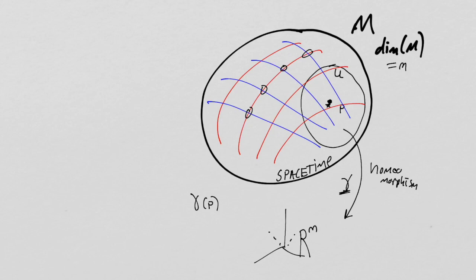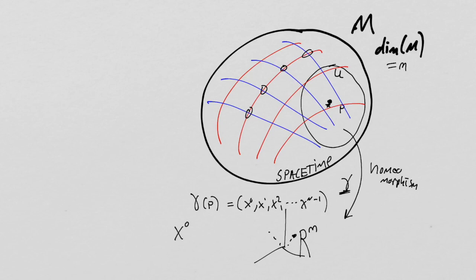Now, you could write this as gamma of the point P, and that is a point in Rn. So gamma of point P, being a point in Rn, means that you are a list of coordinates. You are x0, x1, x2, ..., xn, or I guess xn minus 1, if you start at 0. So there are actually n coordinate functions, right?